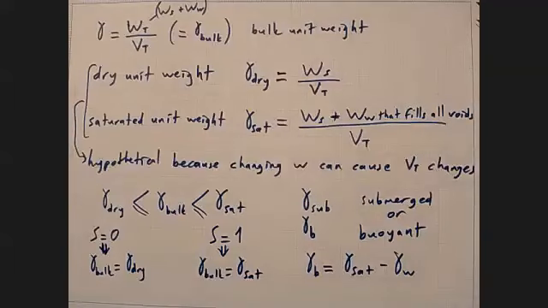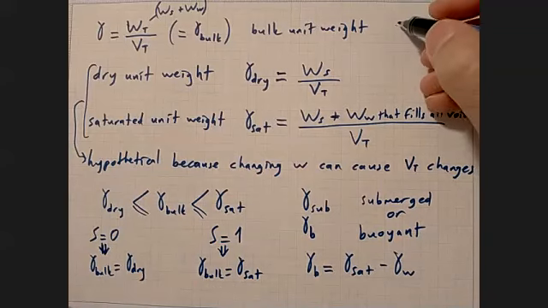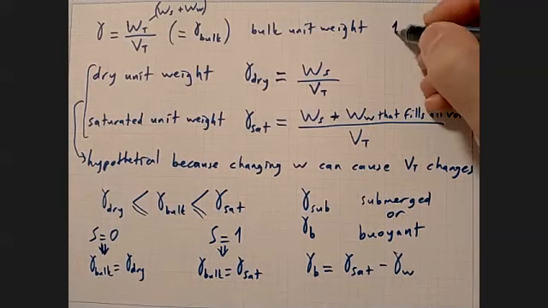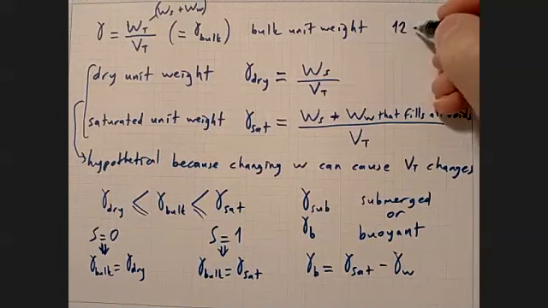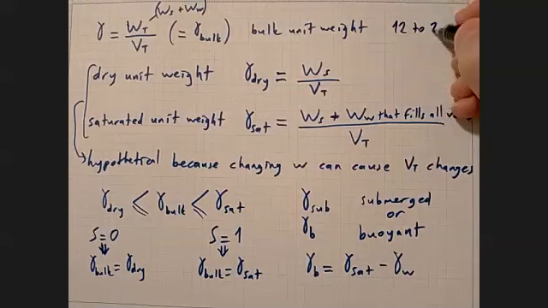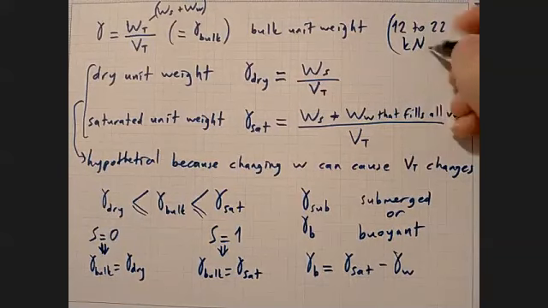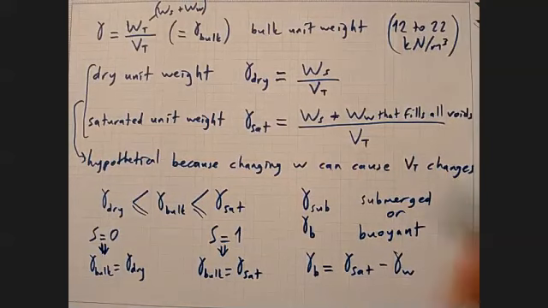Now, how much does a soil weigh? A soil weighs about, for most common values, I would probably put 12 to 22 kilonewtons per meter cube to give you an estimate, or if you convert into gram force per centimeter cube, it's 1.2 to 2.2.